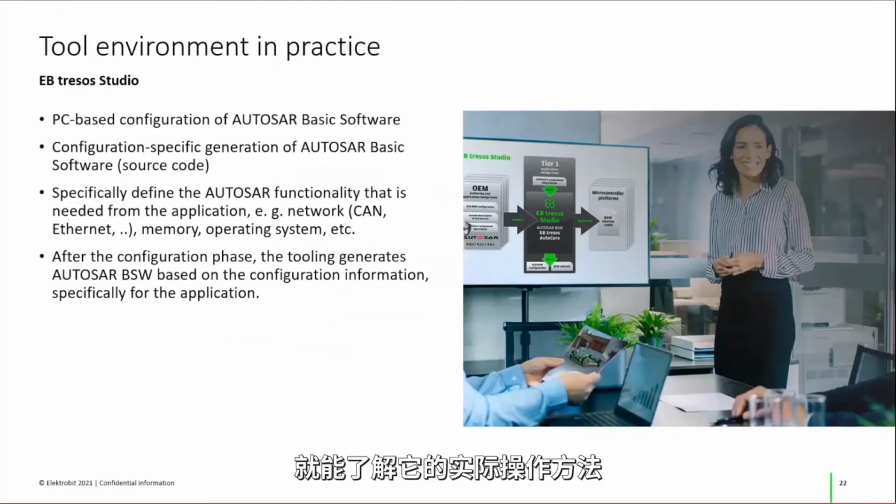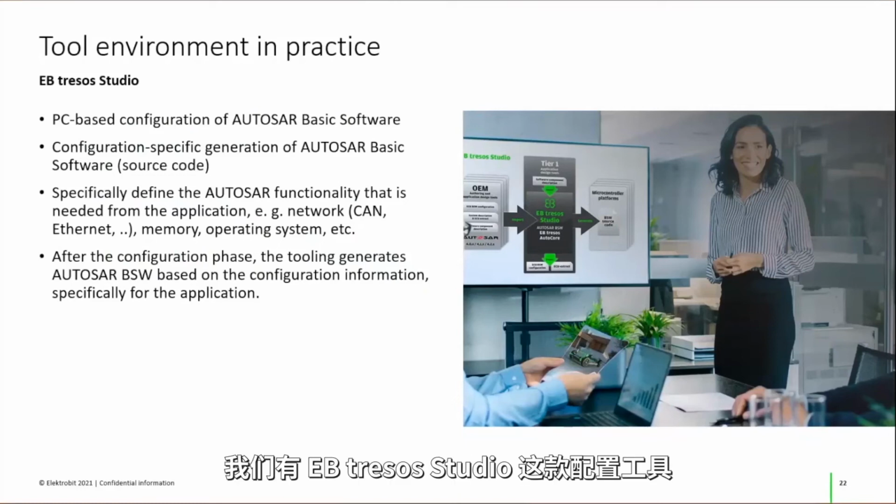Okay, to shed some light now on how this is used in practice, or what the typical workflow looks like in your AUTOSAR project when using the EB tresos Studio, which means the EB tresos product line for your ECU project. As mentioned before, there is the configuration tool, the EB tresos Studio.